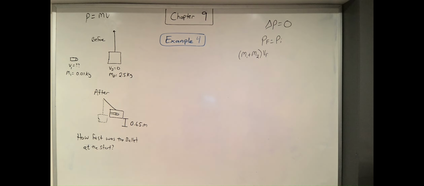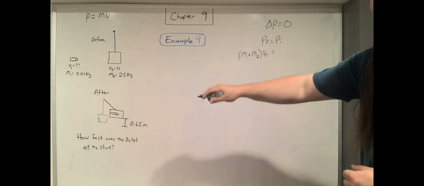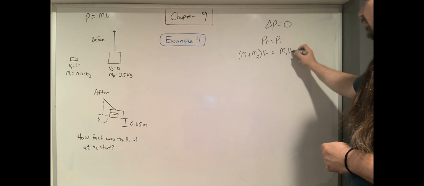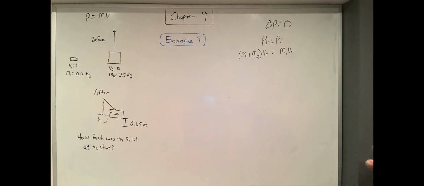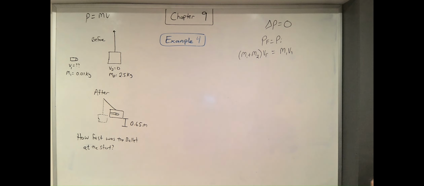If I look at the initial, I only have one mass that's moving, and that's mass 1, and it's moving with velocity 1. The other mass is not moving, so that's not going to show up here. And the two masses are combined in the final, so they're going to be combined like that. So hopefully that makes sense from what we had just done in other practices.